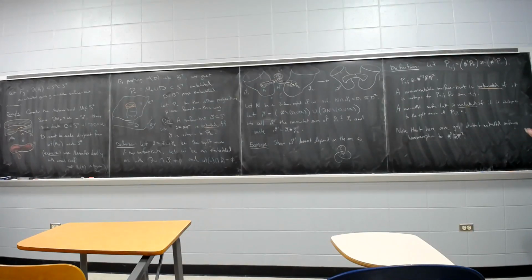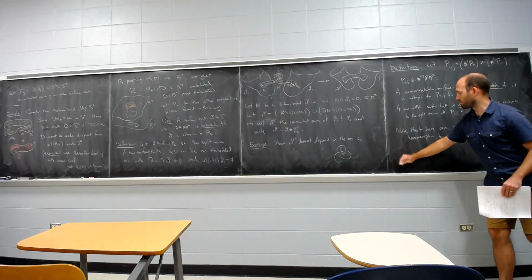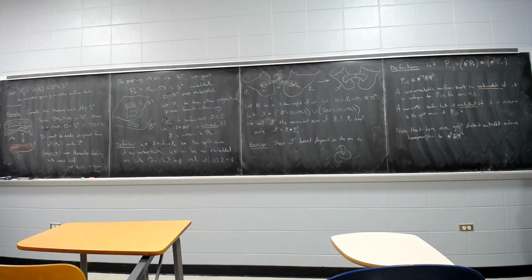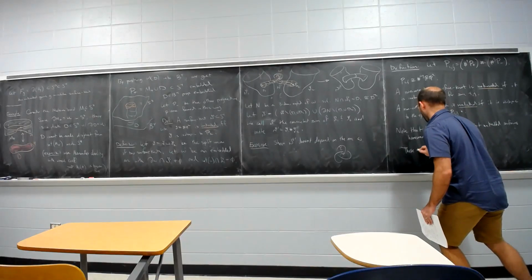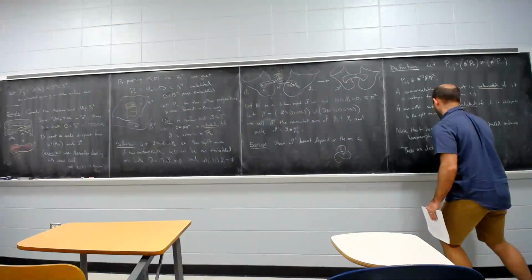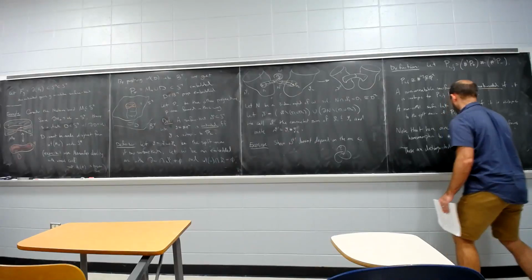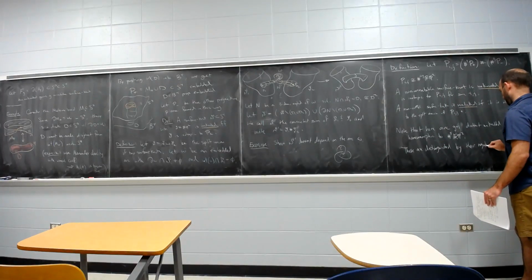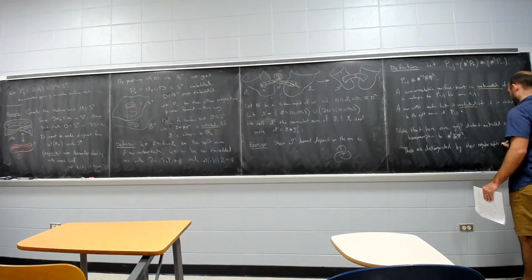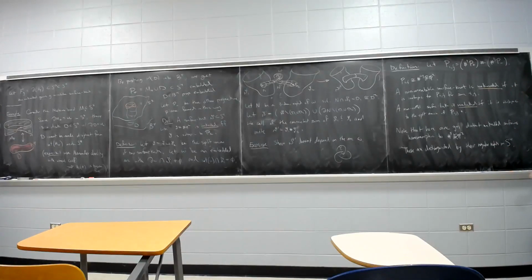Okay, and there's a strong claim here, which is that these things can be distinguished. That's not something I think we're prepared to do right now, but the basic idea is that these are distinguished by their regular neighborhoods in S4.